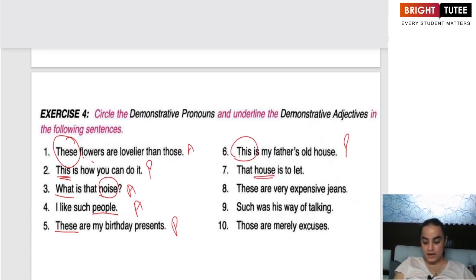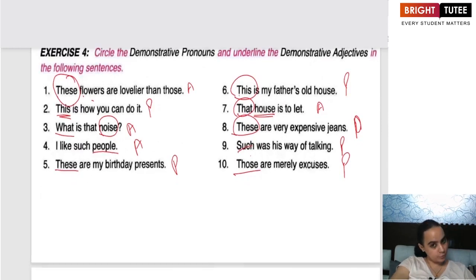House, which is the noun, is next to that, so this is an adjective. These are very expensive jeans. These is independent of the noun, so this is a pronoun. Such was his way of talking. So such is used without a noun, so it is a pronoun. Those are merely excuses. Again, there is no noun next to those, so it is a pronoun.